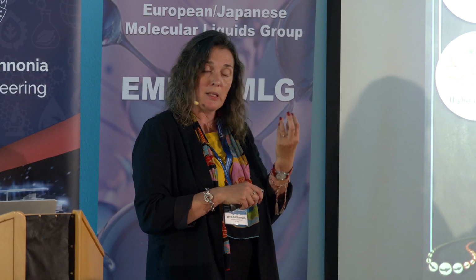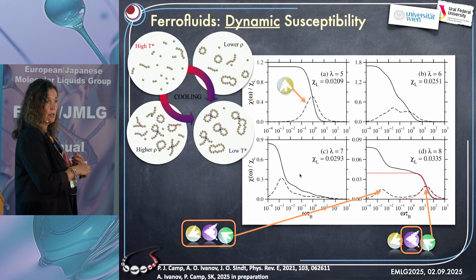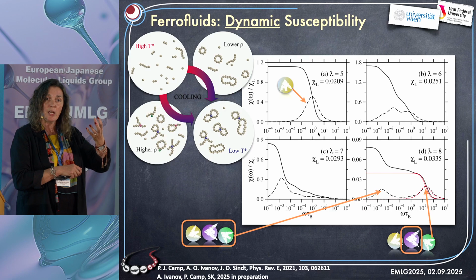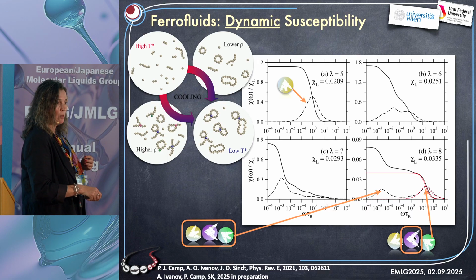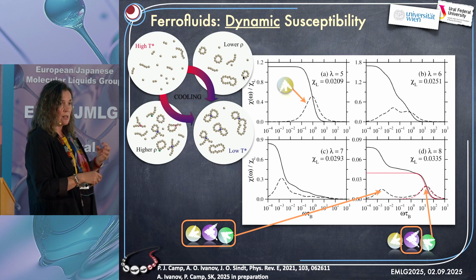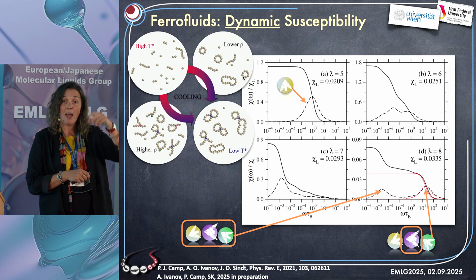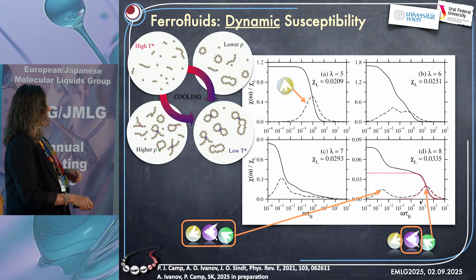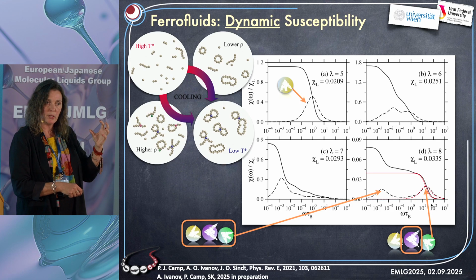Which kind of frequencies are those? One is the rotation of the whole cluster. The whole cluster rotates, and this comes lower than a single particle Brownian rotation. However, within this cluster, the particle vibrates. It librates, and this goes higher than the Brownian relaxation, so it's a higher frequency process.